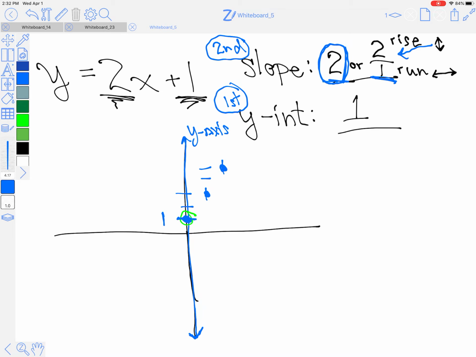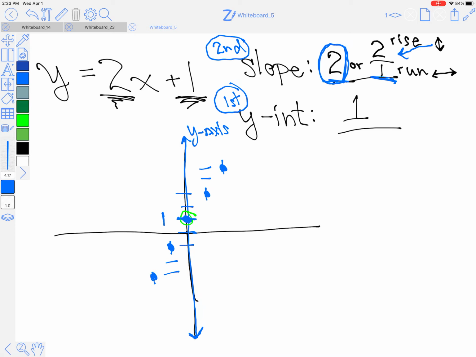For some of these lines, you're going to get to a place where maybe you run out of room on the top of your graph. Well, instead of trying to keep going up 2 over 1 and I run out of room, I could go back to where I started and go down the other way, 2 over 1. Down the other way.